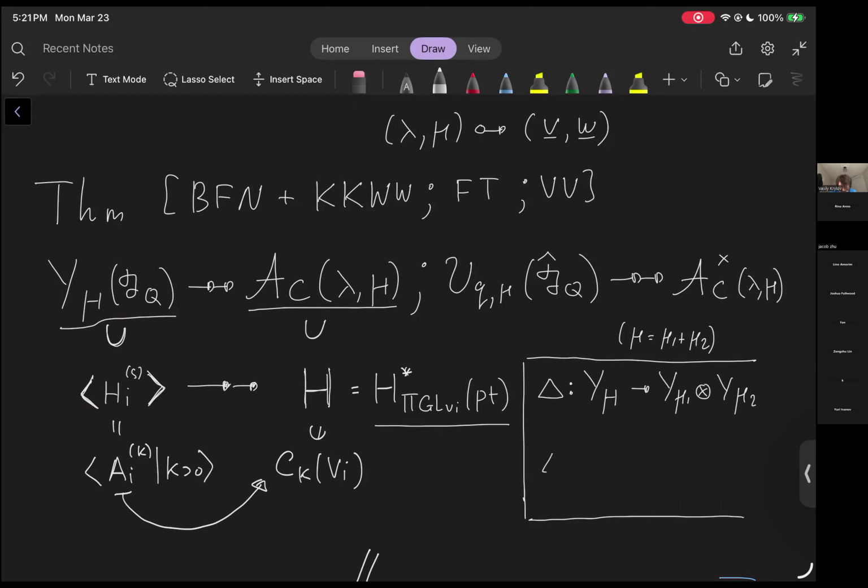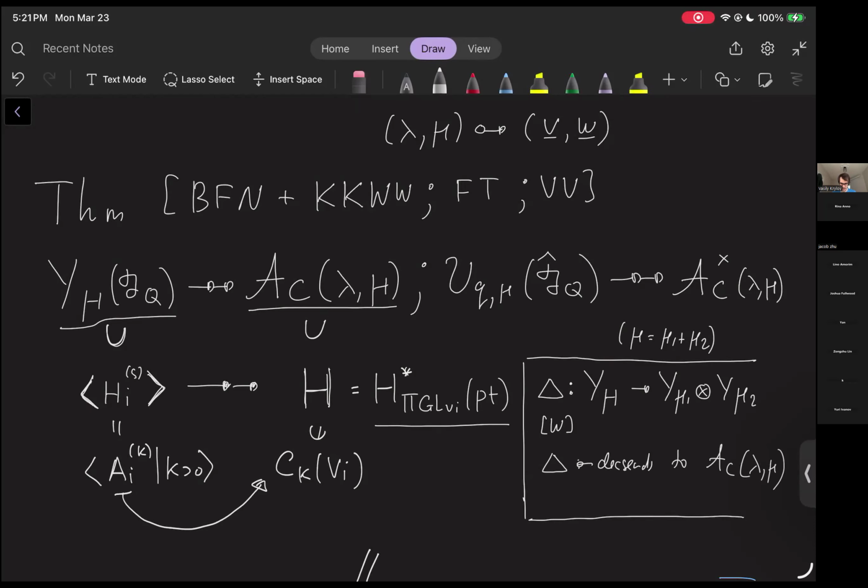And this follows from the results of Alex, Weeks, and collaborators that, yes, this co-multiplication descends to these truncations. So it descends to a C lambda.